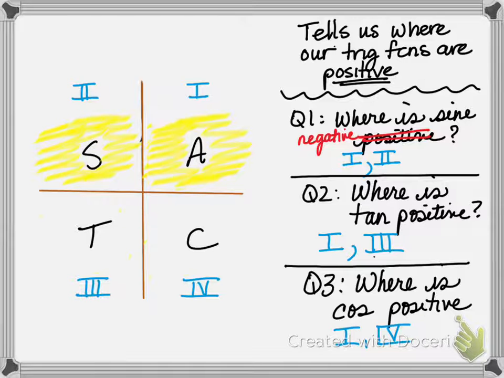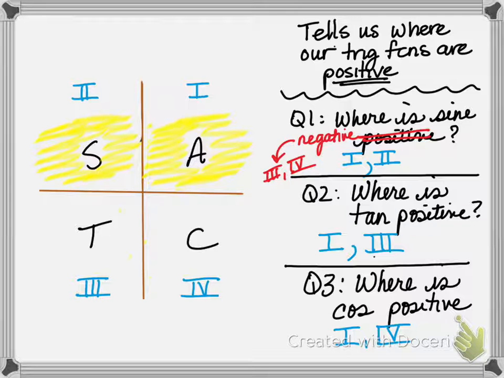If I'm asking you where is sine negative, you are going to tell me the other quadrants, the ones that are not highlighted. The ones that you don't highlight are the answers for negative. So the answer would have been 3 and 4.